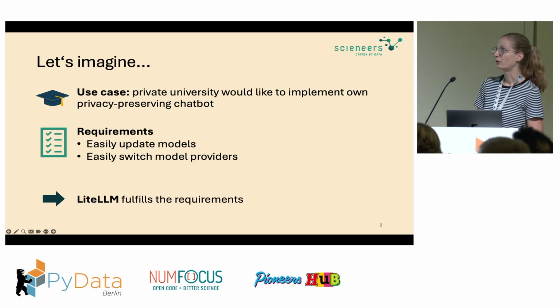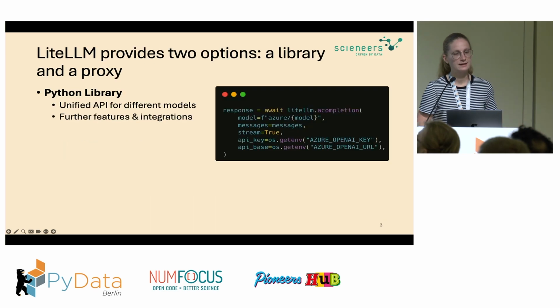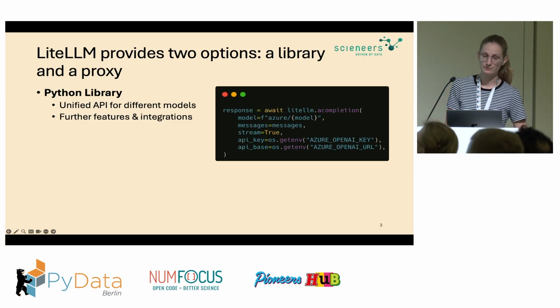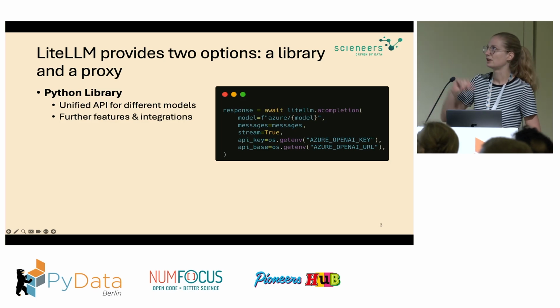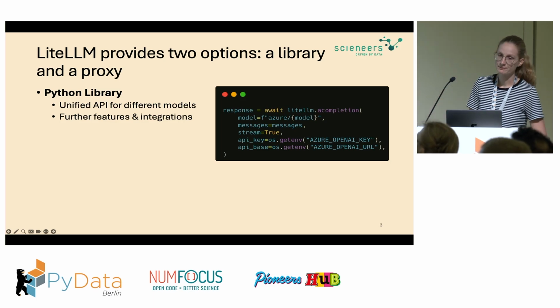For that, LiteLLM is actually one possible choice as it fulfills all these requirements. LiteLLM generally provides two options, a Python library and a Proxy server. Let me quickly go over the Python library. It provides a unified API for different models, as you see here in the code snippet at the right.